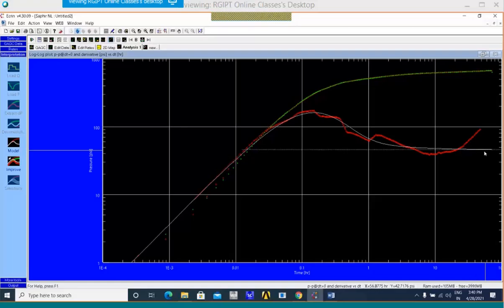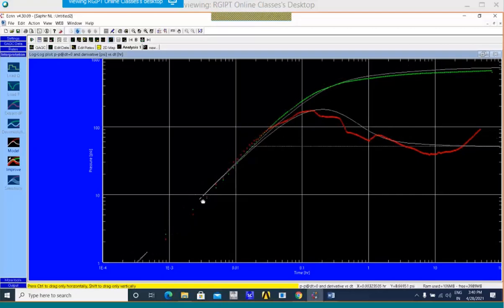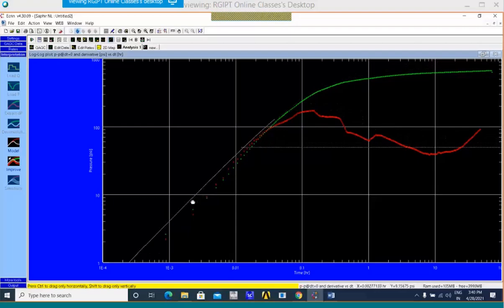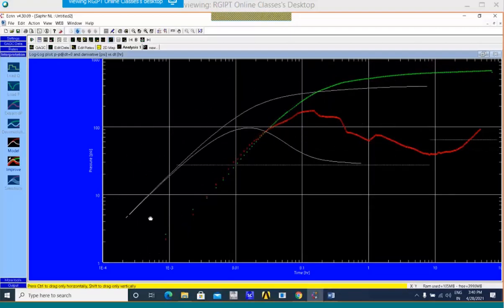Earlier it was like this, now it has been slightly raised. So I can again try if it works. Suppose again, let us try again. It is actually fitting here only.